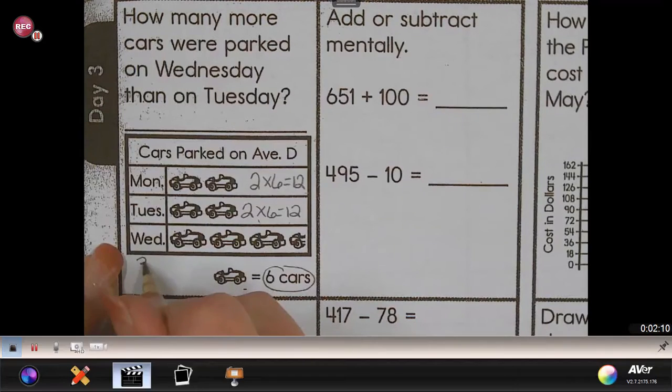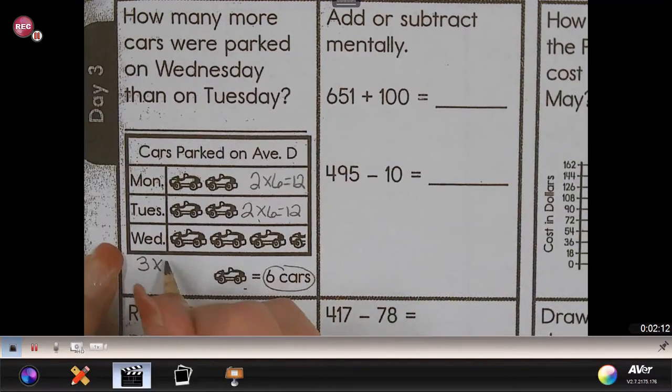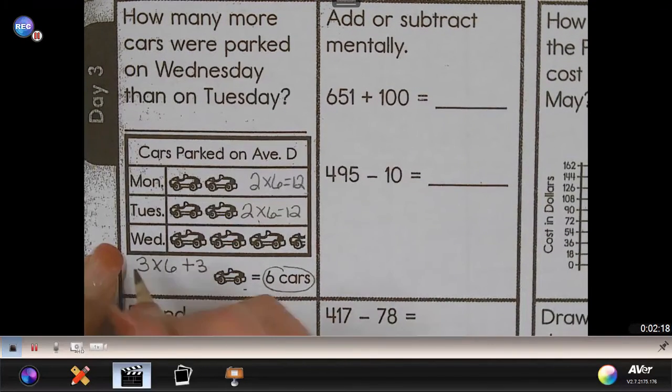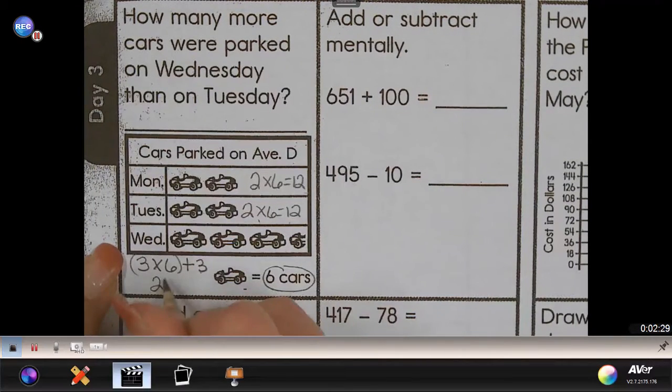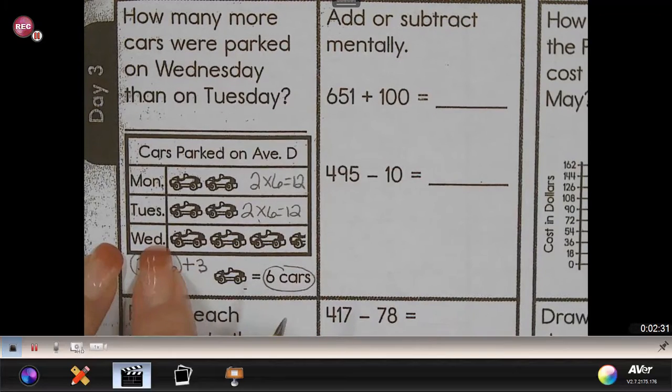So we could write this as 3 groups of 6, and then we can add the 3 from that half of a car. So if I have 18 plus 3 more would be 19, 20, 21. So this is 21 cars on Wednesday.